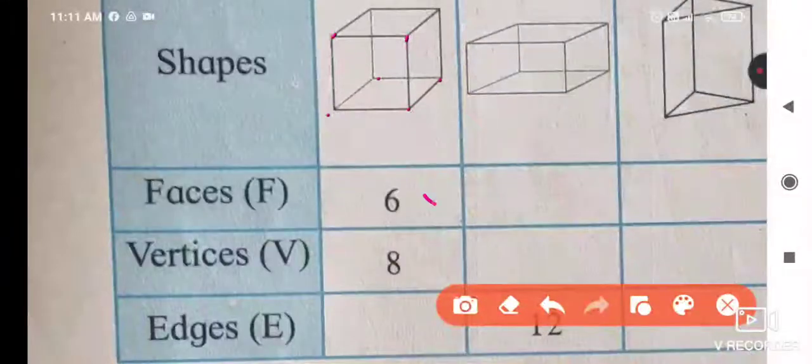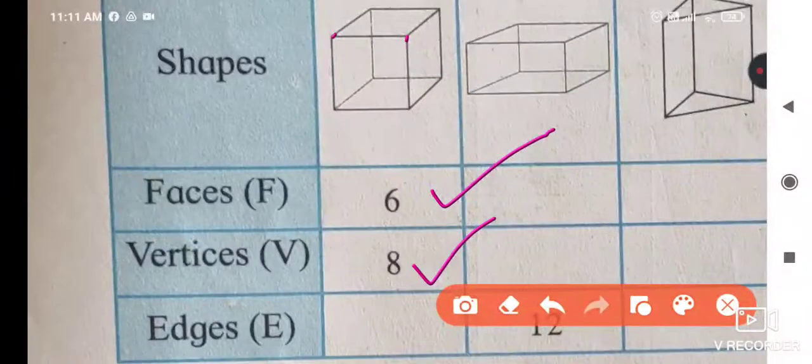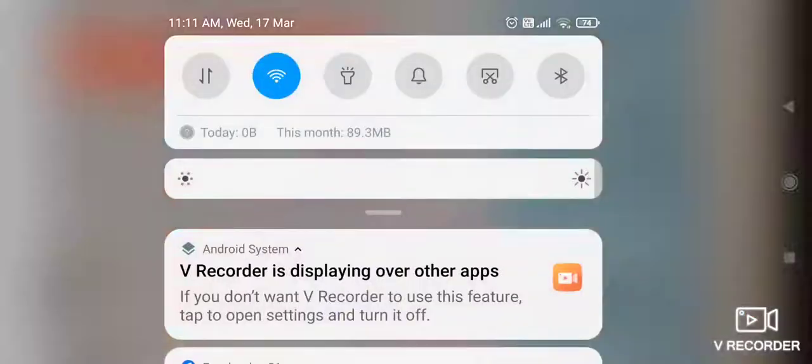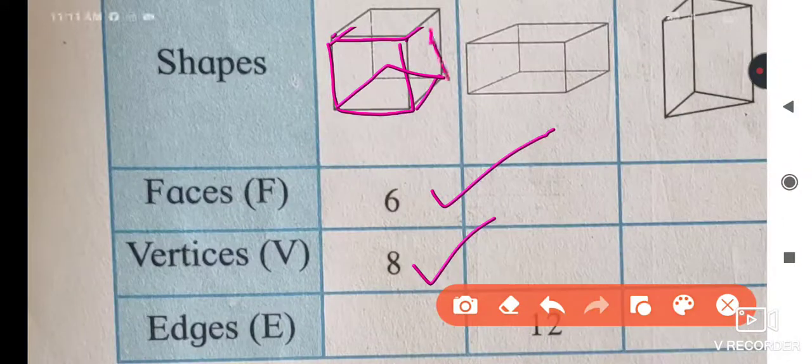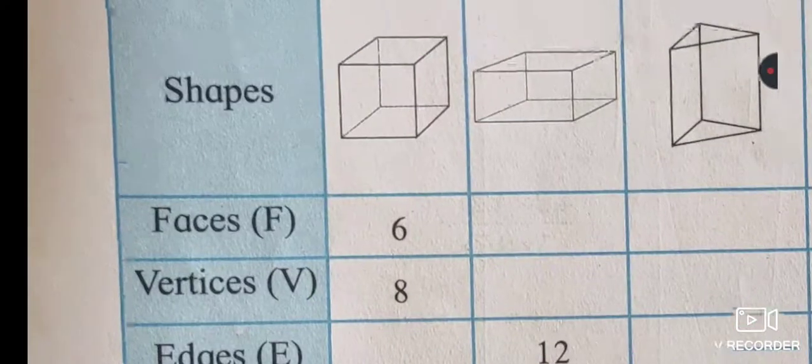Those corners are the vertices, so 8 vertices are there. Faces, you know that 6 are there. Now edges we have to check. The lines are the edges. So 1, 2, 3, 4, 5, 6, 7, 8, 9, 10, 11, and 12. 12 edges are there. Okay.